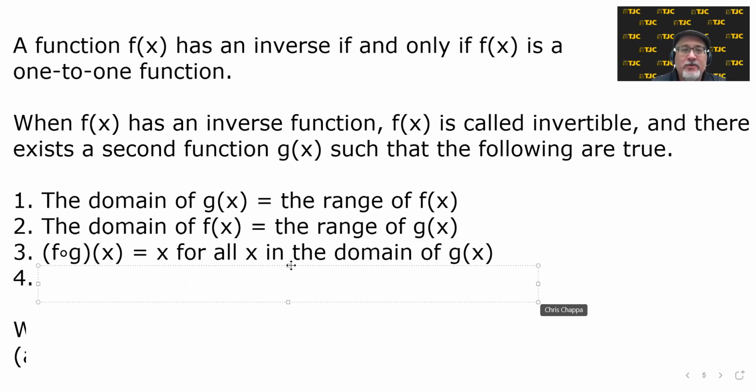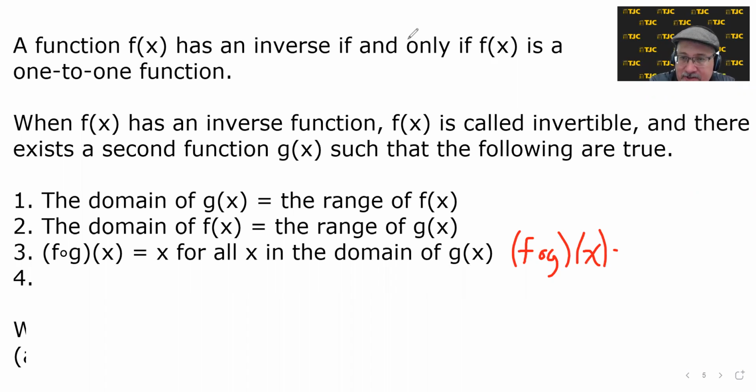f of g of x equals x for all x in the domain of g of x. In other words, recall that f of g of x means, by definition, f of g of x. And so it makes sense that we have to say this is true for all x in the domain of g of x, because that number has to first go into g.